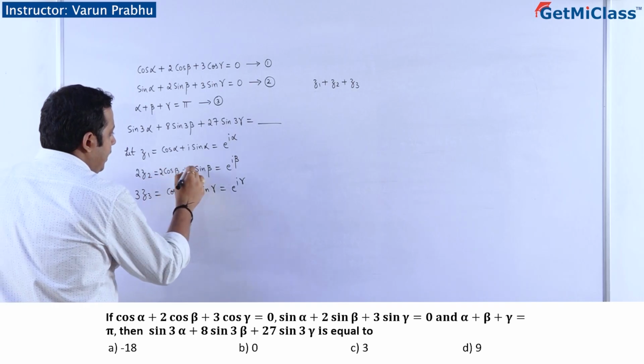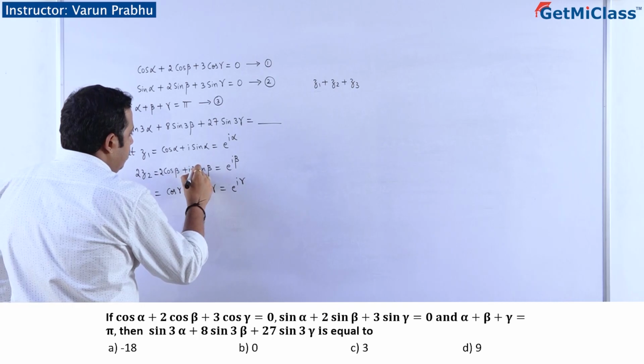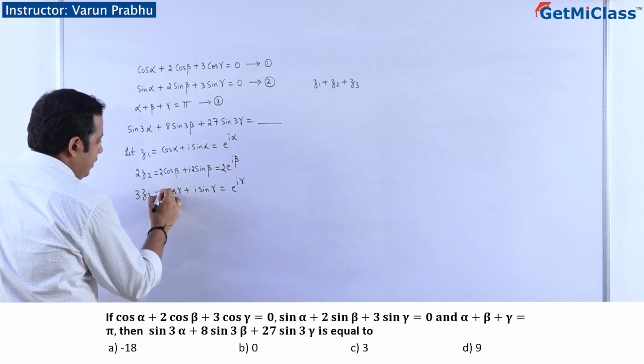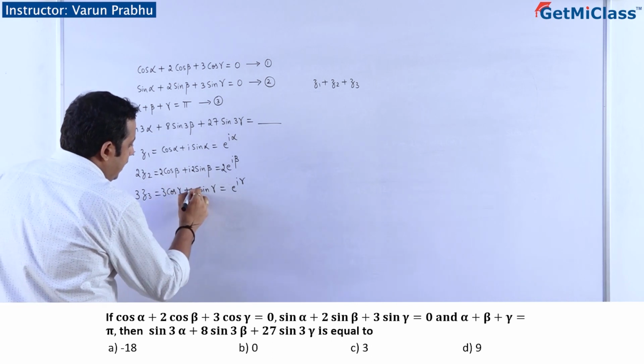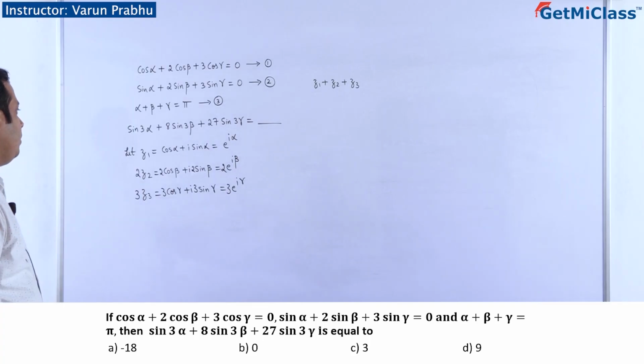So 2 cos beta plus i into 2 sin beta, I can say 2 times e to the power i beta. This is 3 cos gamma plus i times 3 sin gamma, which is 3 into e to the power i gamma. Correct or not?